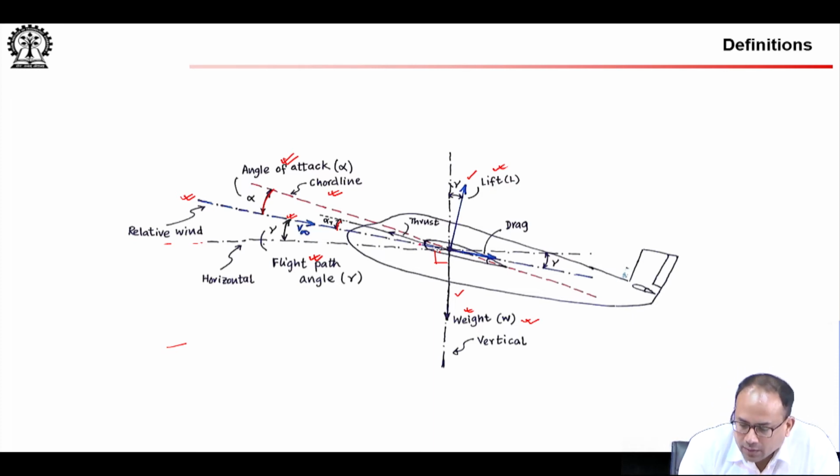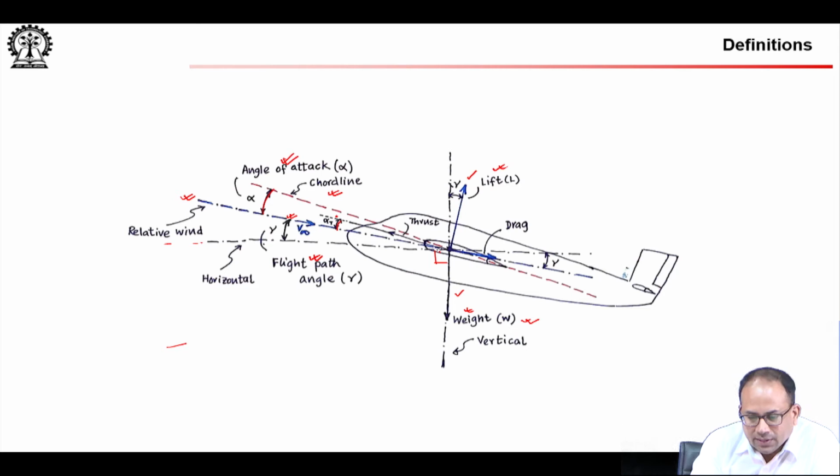By now I think the angles are clear. Flight path angle is the angle between the relative wind direction and the horizontal direction. The angle of attack is the angle between the chord line of the airfoil and the relative wind direction. The thrust vector angle, as I said, alpha t, is between the thrust vector and the relative wind direction.